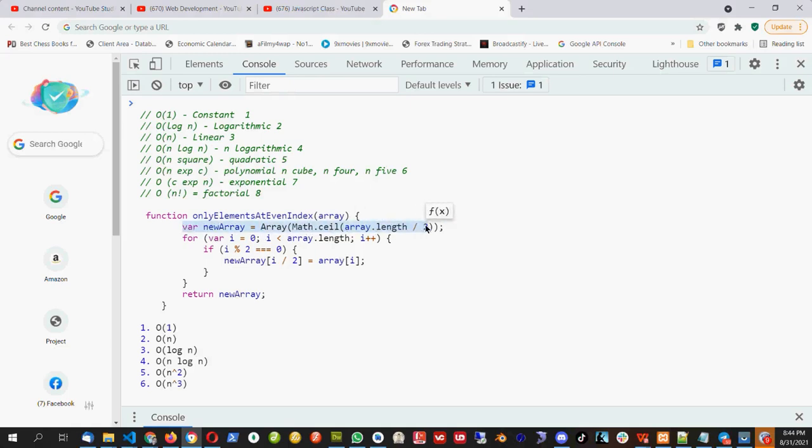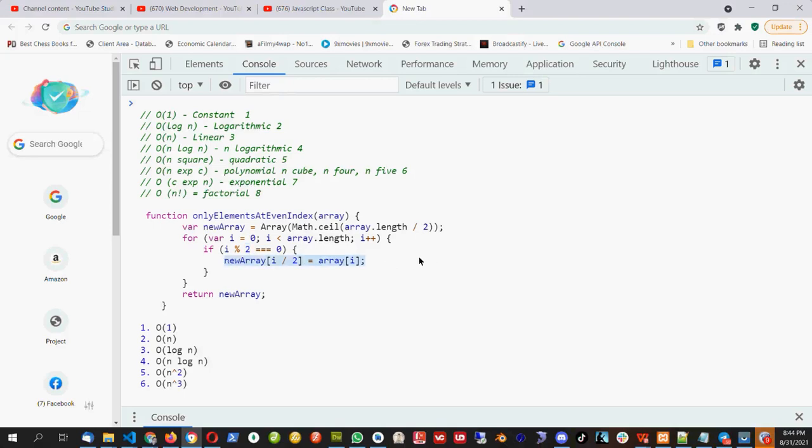Let's go further. It loops through array.length. So if the array has 10 elements, it will loop through 10 elements, and then if the number is divisible by 2, we do something.